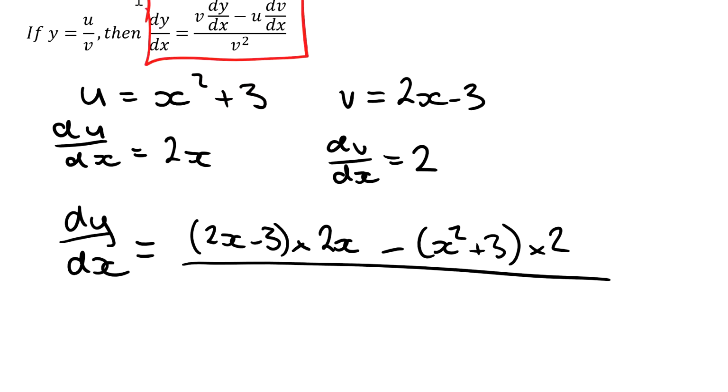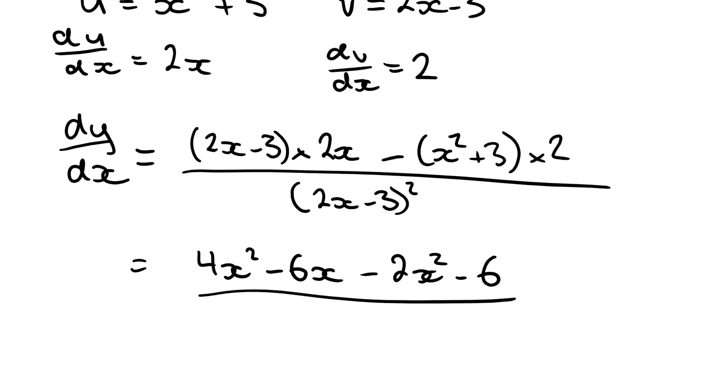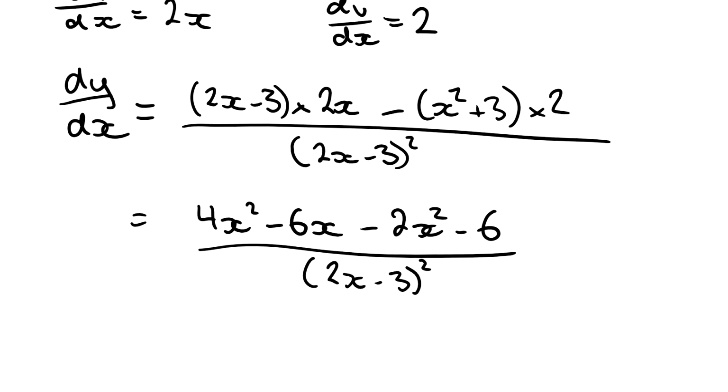And this is all over 2x minus 3 squared. So we're left with 4x squared minus 6x minus 2x squared minus 6, all over 2x minus 3 squared. We have some like terms here.